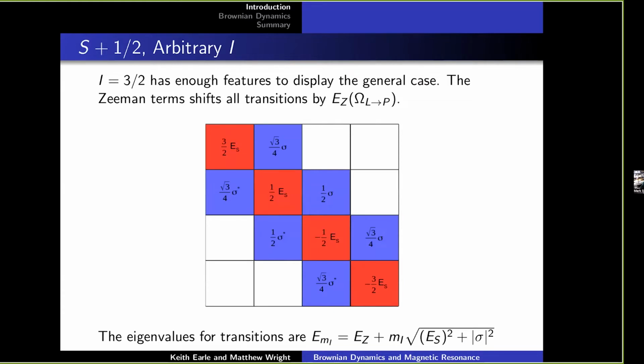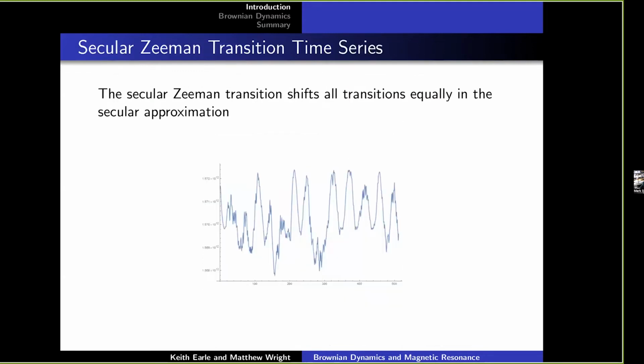This is zooming in on a nuclear spin 3/2 system. It's a little less complicated than the one I was showing before. And here's an example of a time trace of what the fluctuations in energy levels look like for a typical Brownian diffusion trajectory.